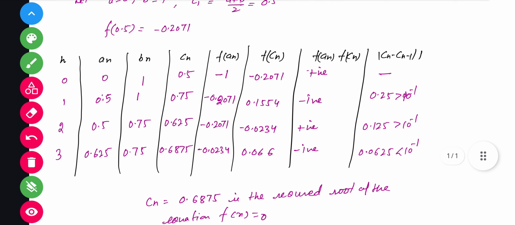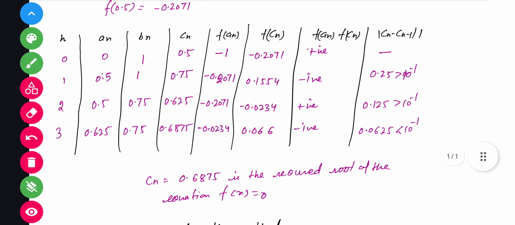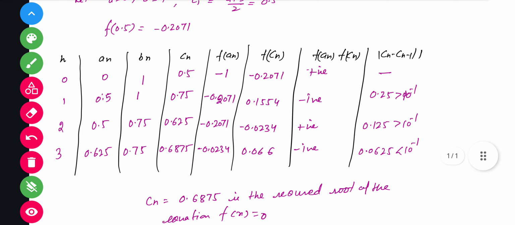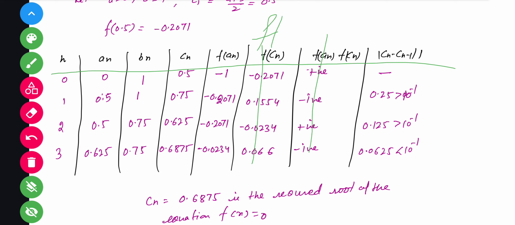Here you can see Cn minus 1. We will make this kind of table. I don't think this is required; we need to use FB and FA instead of this.